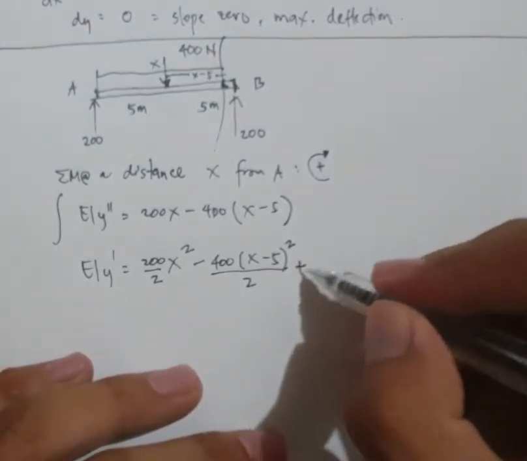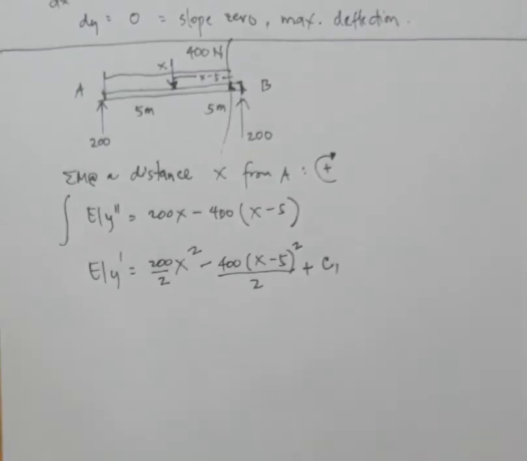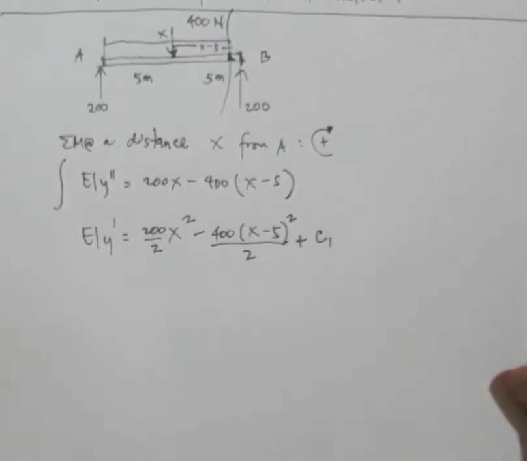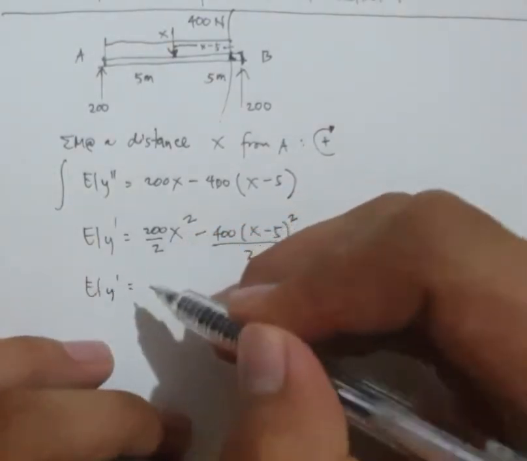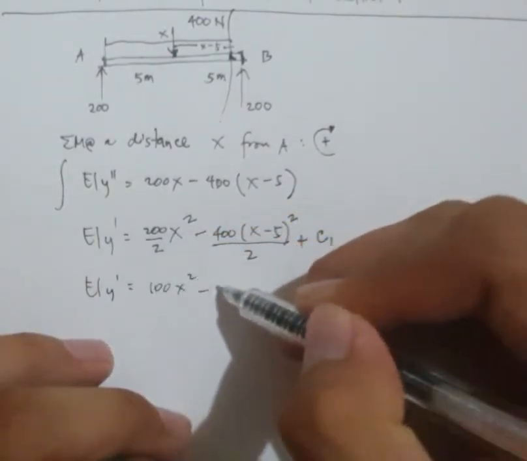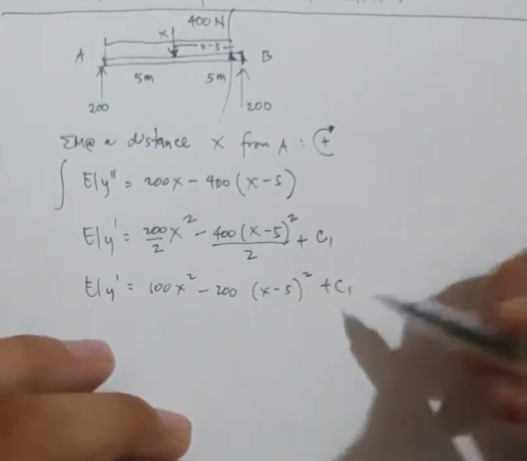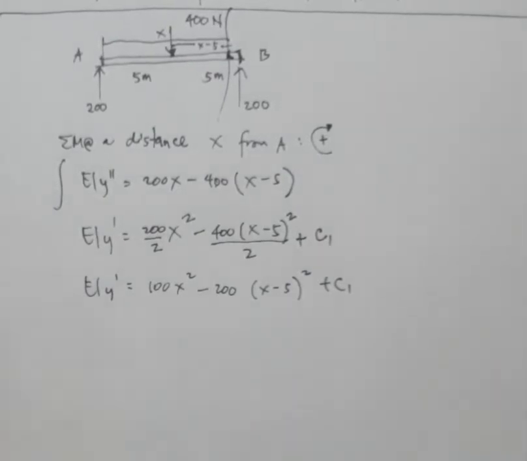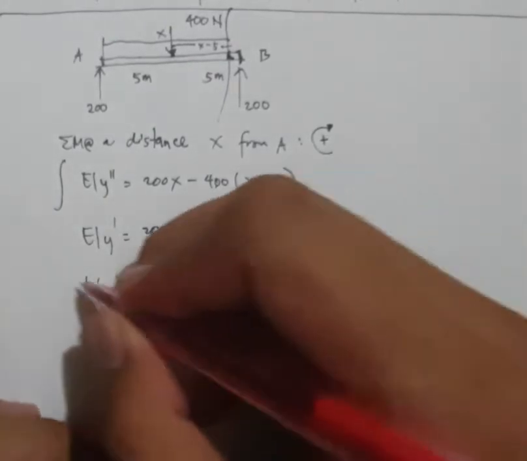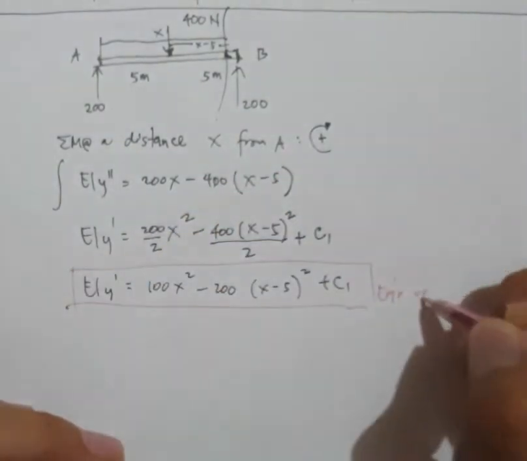Then we have a constant, which we put as C1. We will integrate it again later, and we will get another constant. Okay, so to simplify, EI y prime is 100x squared minus 200(x minus 5) squared plus C1. So this is the equation of your slope.